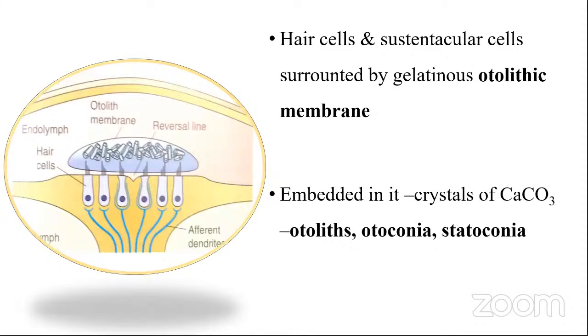And this diagram shows the structure of the macula. The hair cells and sustentacular cells are surrounded by gelatinous otolithic membrane.